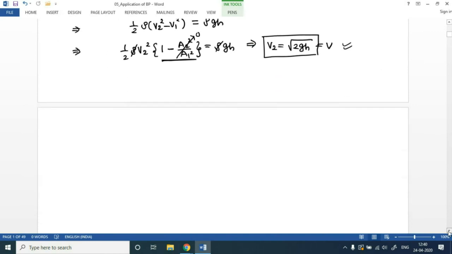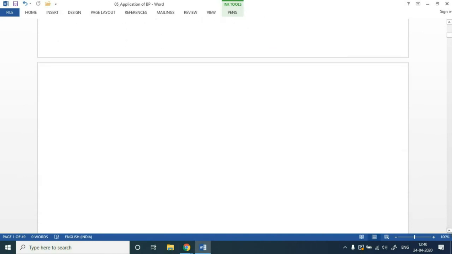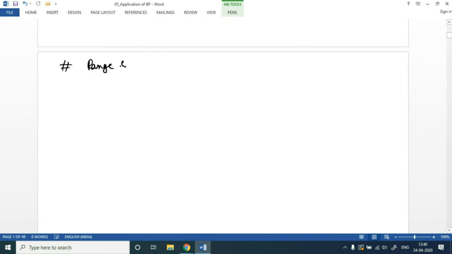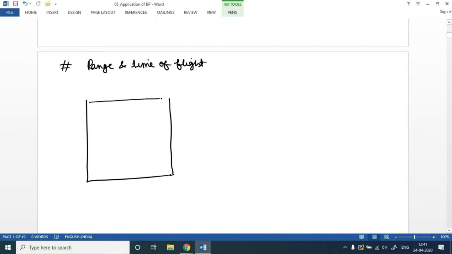Let's look more closely into this situation, and let's look at another aspect of this problem. Here we want to look at something like a range and time of flight. For example, if this is a container, and let's say liquid is filled in this container up to the brim.